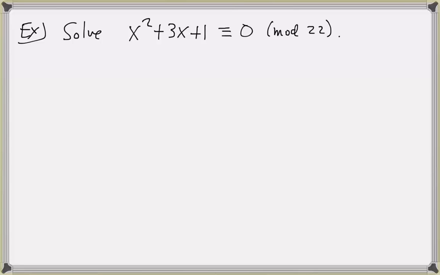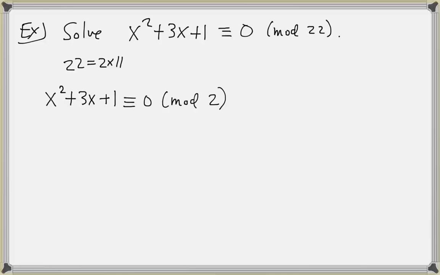So we see that since 22 is 2 times 11, if we look at this congruence mod 2 and mod 11, as long as those congruences have solutions, then there will be a solution to this original congruence. But notice that the congruence x squared plus 3x plus 1 congruent to 0 mod 2, this will have no solutions.